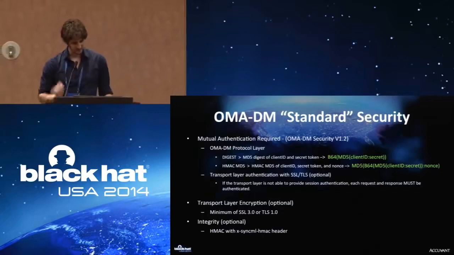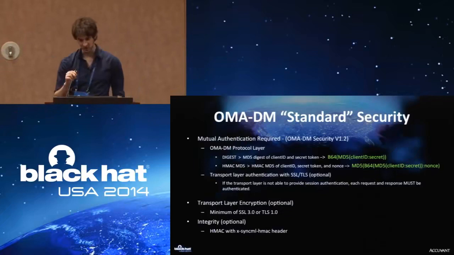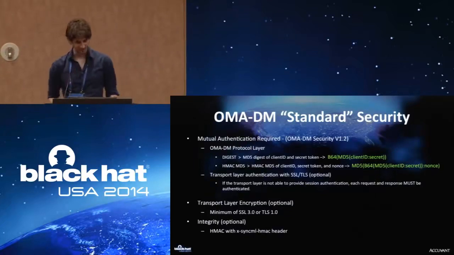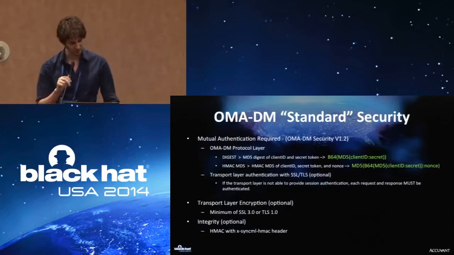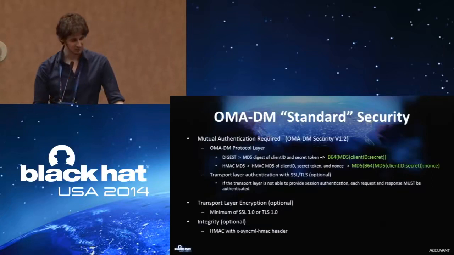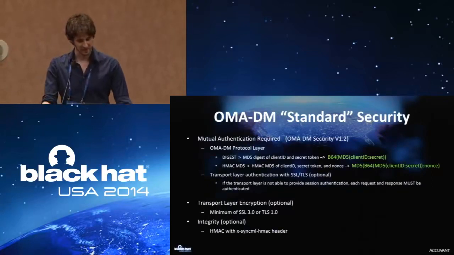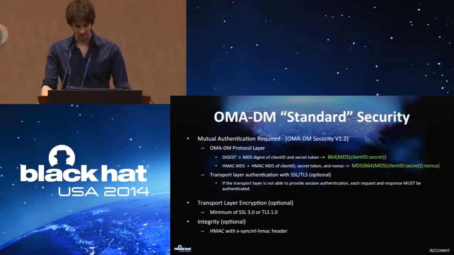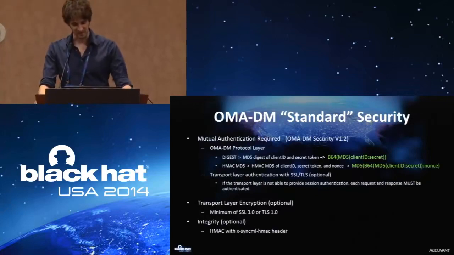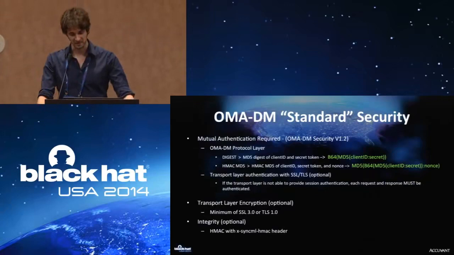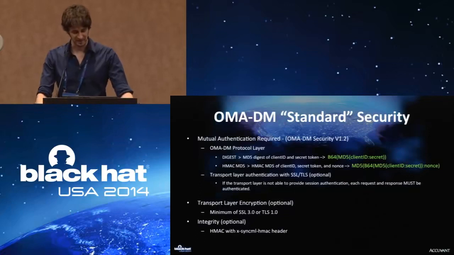So the standard described some security, had a security standard, the OMA DM security 1.2. They had mutual authentication required with digest or HMAC MD5. This is based on a secret and a client ID. It also requires transport layer authentication.